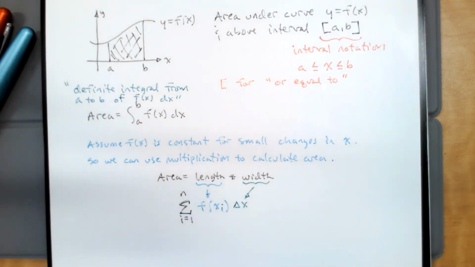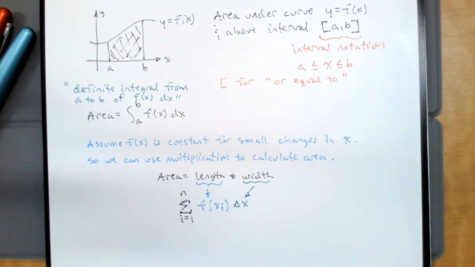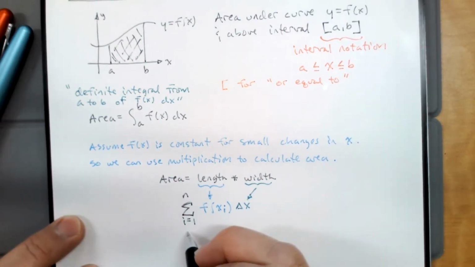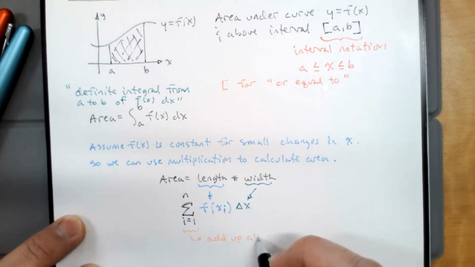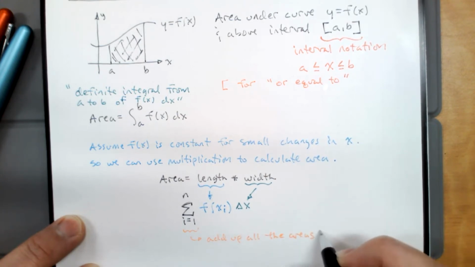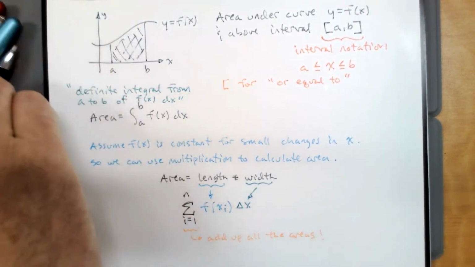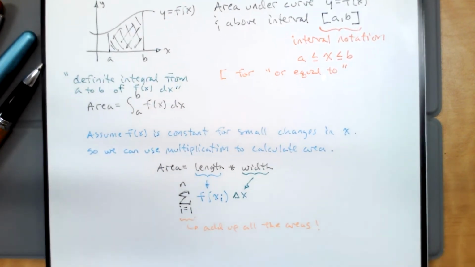So that symbol says add up all of these n rectangle areas. So that's us adding up all the areas.